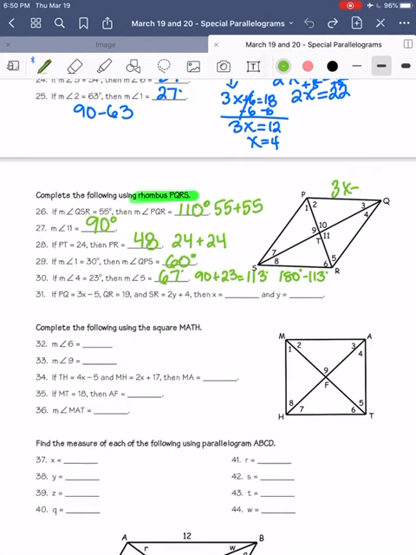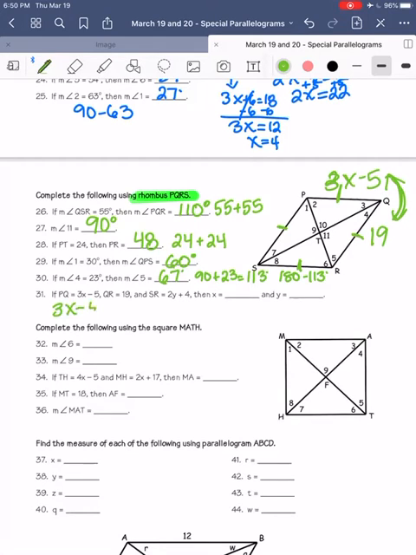But we do know about rhombuses or rhombi that all the sides are congruent. So this side is congruent to this one, and this one. So it doesn't matter if they're next to each other. 3x minus 5, and QR is 19. So even though they're beside each other, they're still congruent.